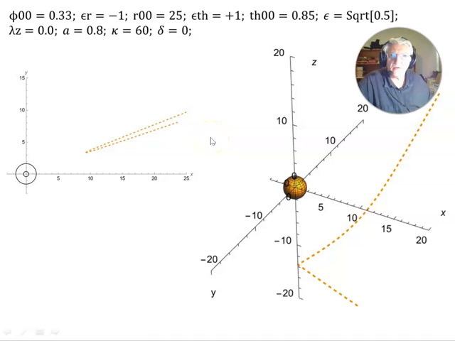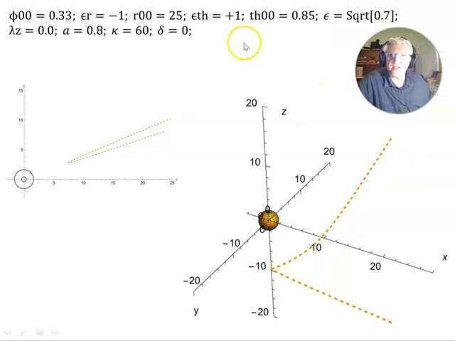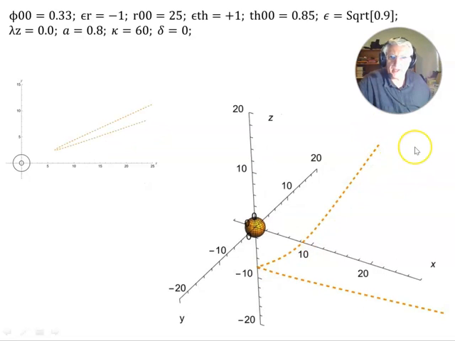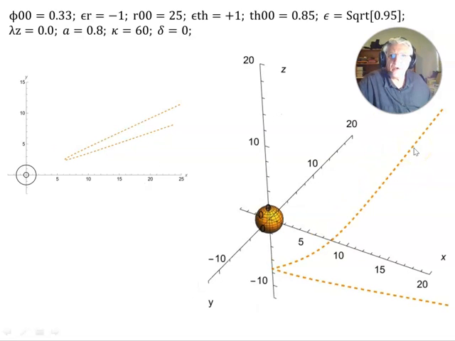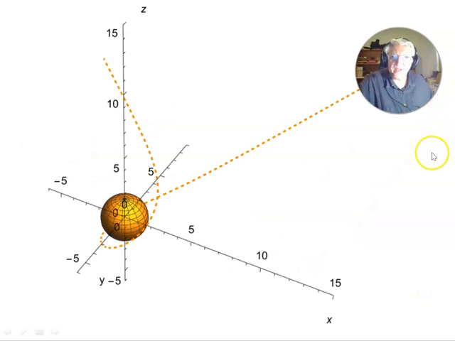Sorry, 0.5, sorry for the energy parameter. I lost track of where I was then. 0.7, 0.9, 0.95. So it's just playing around with what happens. You expect the energy parameter to be 1 though, wouldn't you? But you're releasing a photon from there. But anyway.